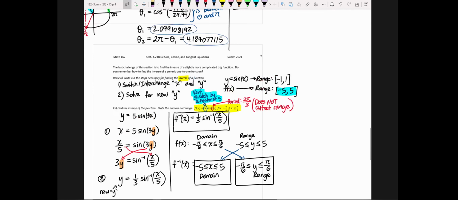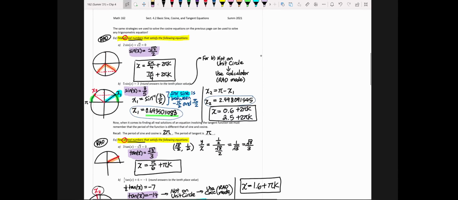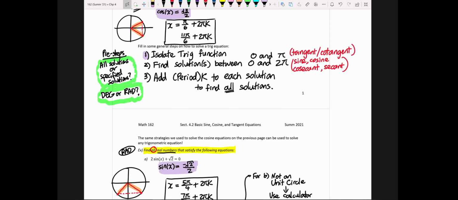Okay, so to reinforce what we did here, when we are given a trigonometric equation, we first determine if they're asking for all solutions or specified solutions, and if we're in degrees or radians. So make note of that before you start the problem. Then step 1, you're going to isolate the trig function.